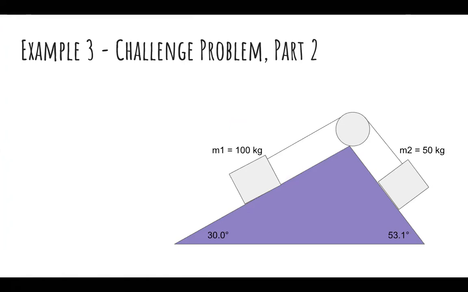For the free body diagram for M1, we have the normal force, the weight, which is M1G, and the tension up the ramp. For M2, we have a similar one, but in a different direction: the tension up the ramp, the normal force, and the weight.